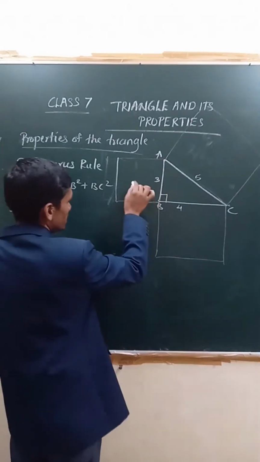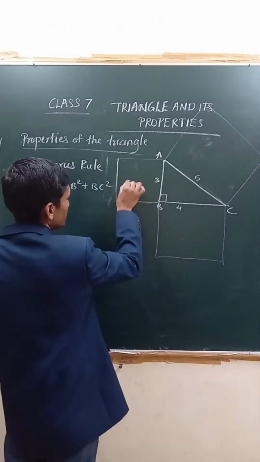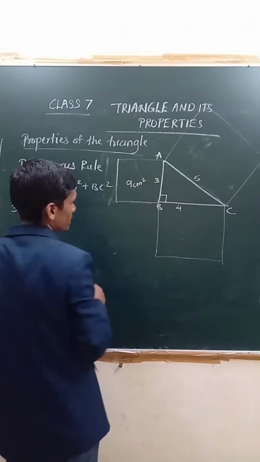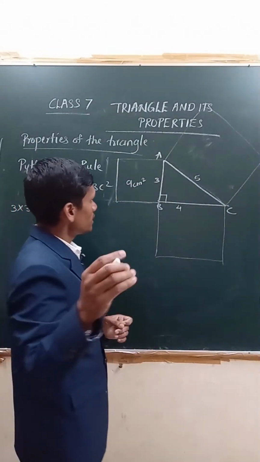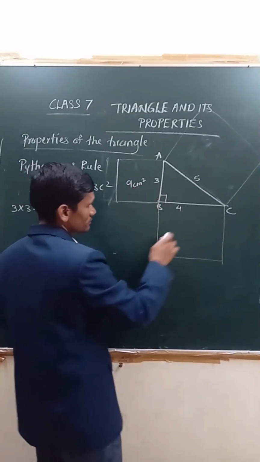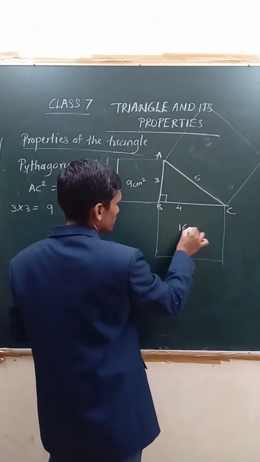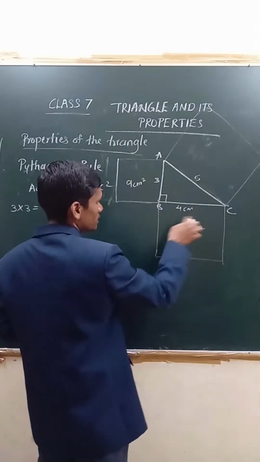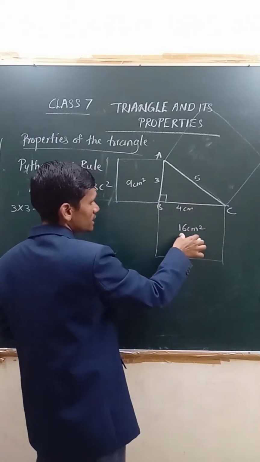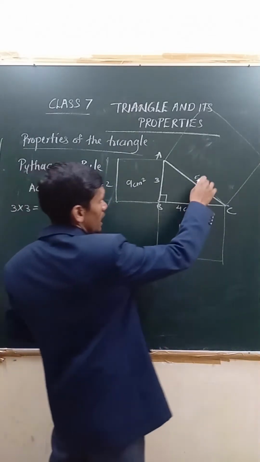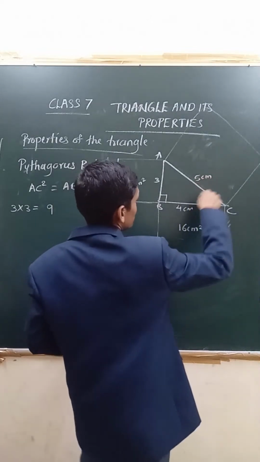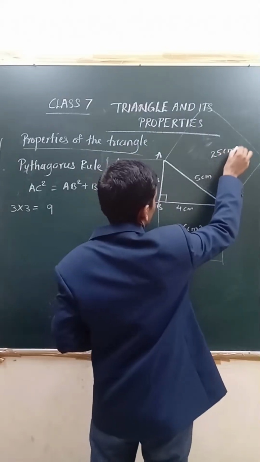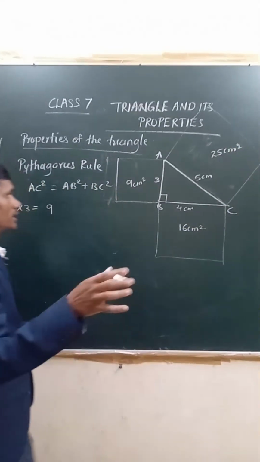Total area, say for example if it is 3 centimeter, this area is 9 centimeter squares. 4 fours are 16 centimeter squares. If it is 4 centimeter, its area is 16 centimeter square. And if it is 5 centimeter, then its area will be 25 centimeter squares, right? Like this we are getting.